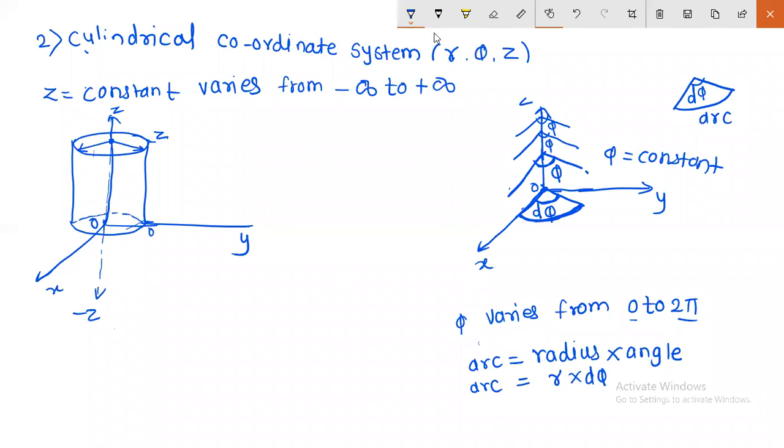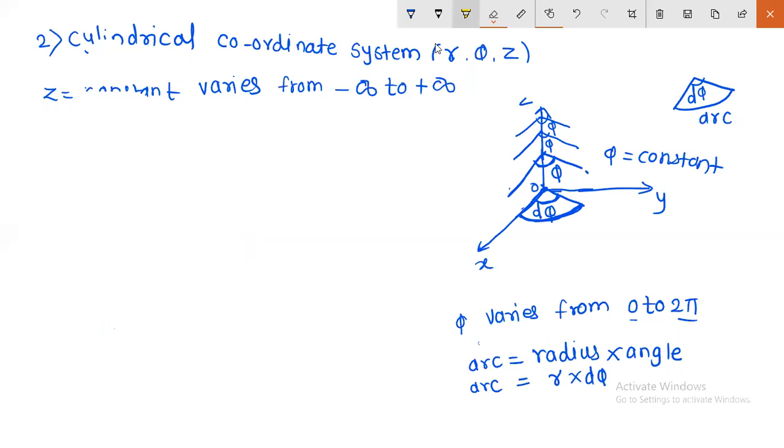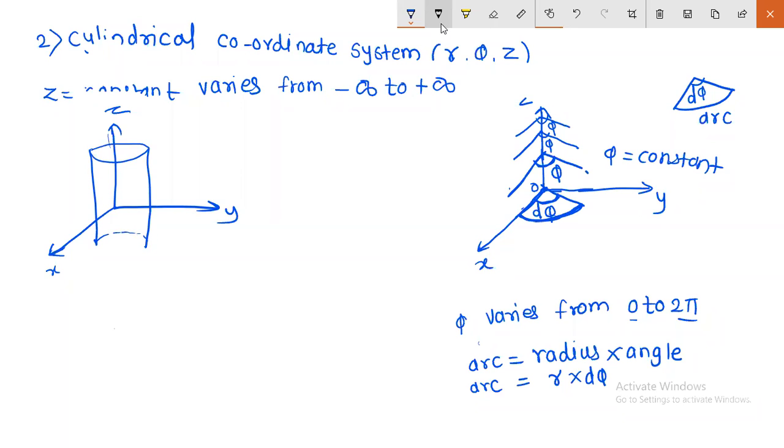So simply I'll show here: X, Y, and Z. And suppose this is your negative Z axis, and this is your origin.